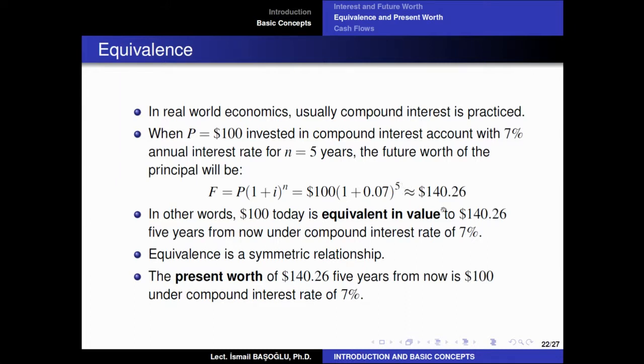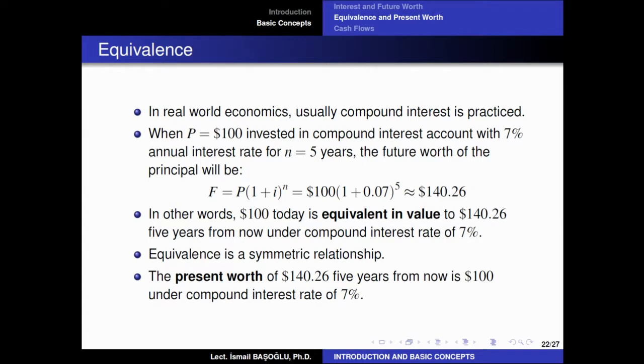It is going to be approximately equal to 140.26. So you see, if you invest your $100 in a savings account which pays a 7% annual interest rate under the compounding principle, then after 5 years, your money is going to become $140.26.